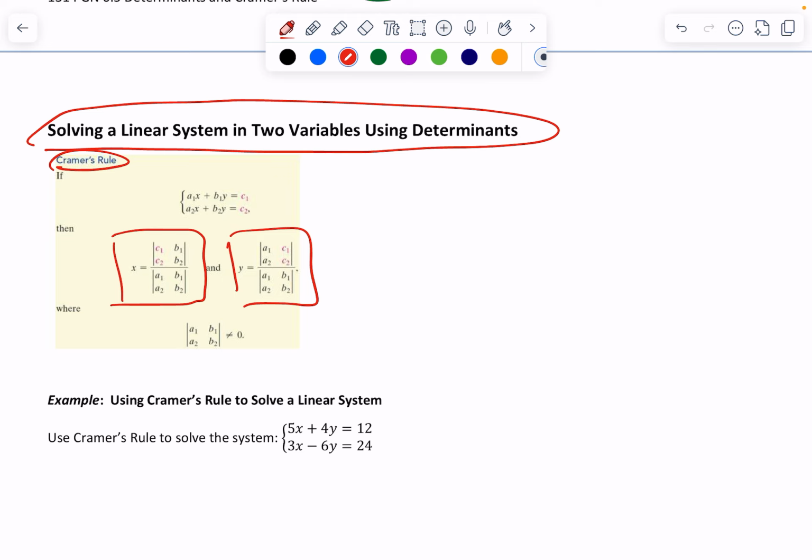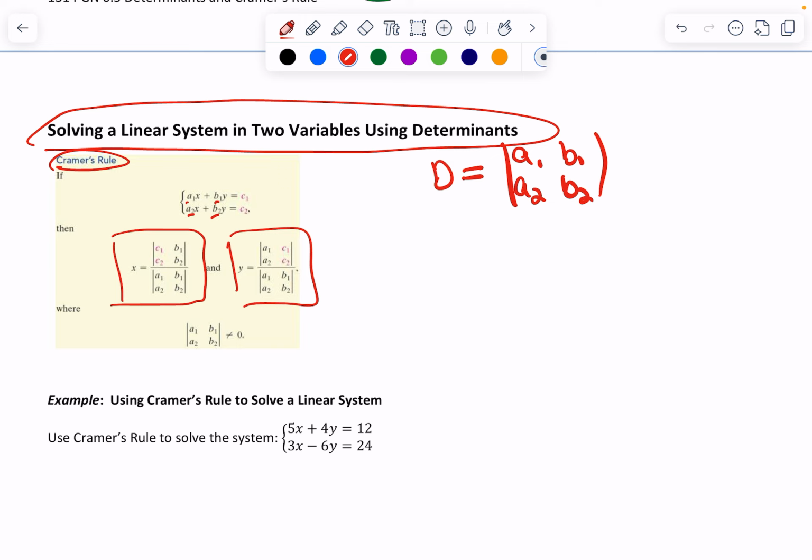We're first going to do D, the determinant, that is A1, A2, B1, B2. What we did here is we took the coefficients of A and B and put them in a determinant.